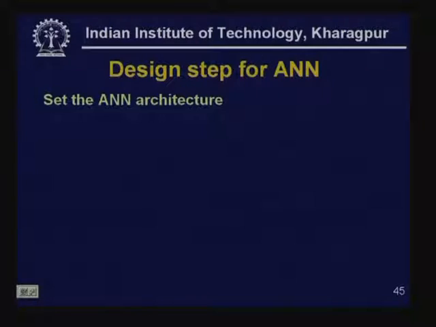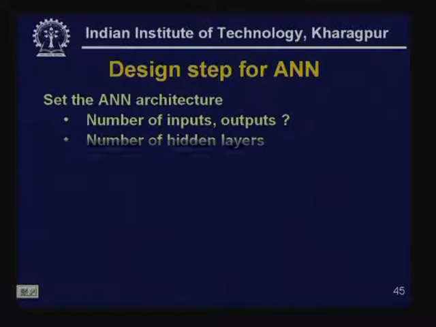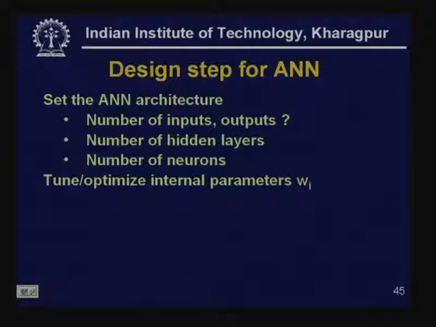So, what are the design steps for an artificial neural network? First, you have to set the architecture for the neural network. That is, you have the number of inputs and the outputs, so you decide which input features to take, how many outputs to take, the number of hidden layers that you have, and the number of neurons that you will have in each hidden layer. Then you have to run your gradient descent or other algorithms to optimize the weight vector values.